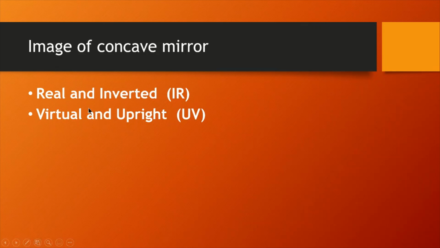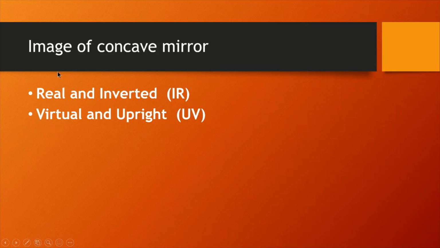We take the initial of real R and inverted I, so IR, IR. And for virtual, V, and upright is U. So again, we take the abbreviation of UV. So remember, this helps us to remember.